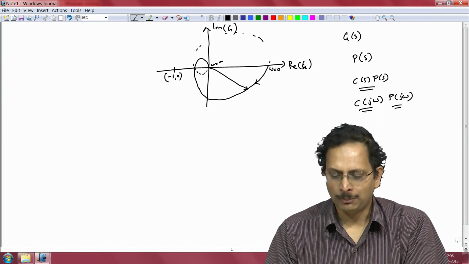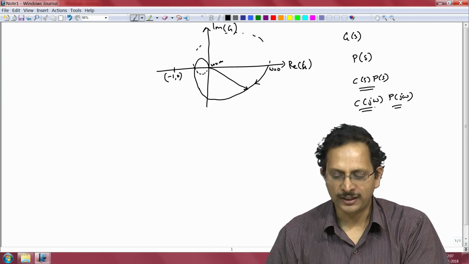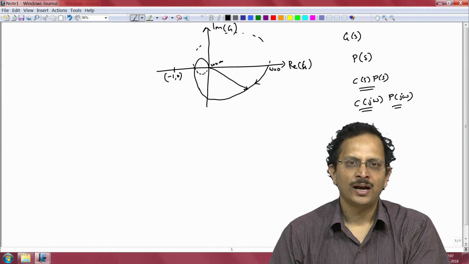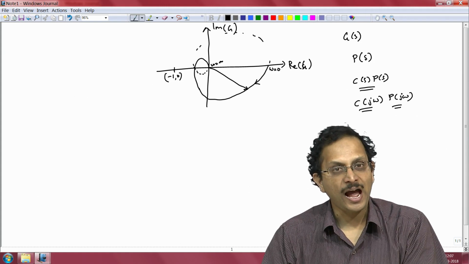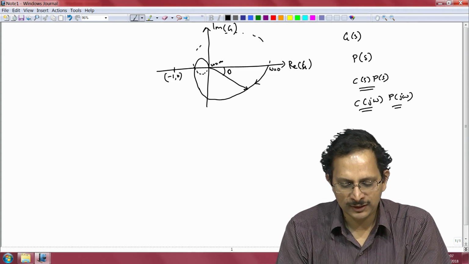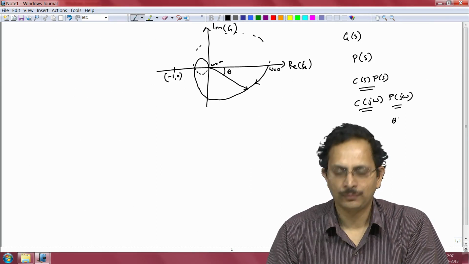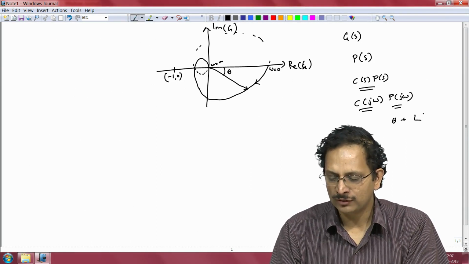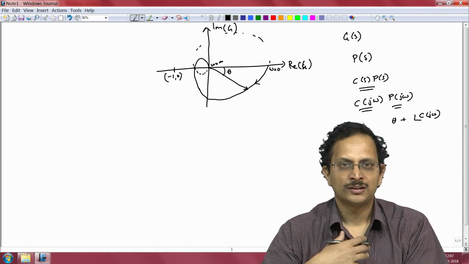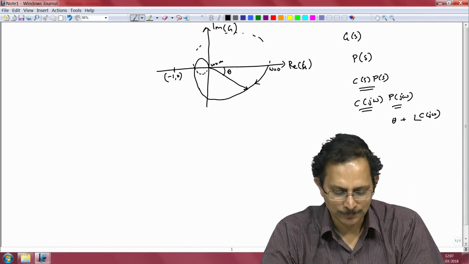One is the magnitude of the product would be increased or decreased depending on the magnitude of C of j omega, and a second, the net angle of the product. So the angle of P of j omega, if you want to call it theta, the net angle will be equal to theta plus the angle of C of j omega. So both the angle will change as well as the magnitude will change.